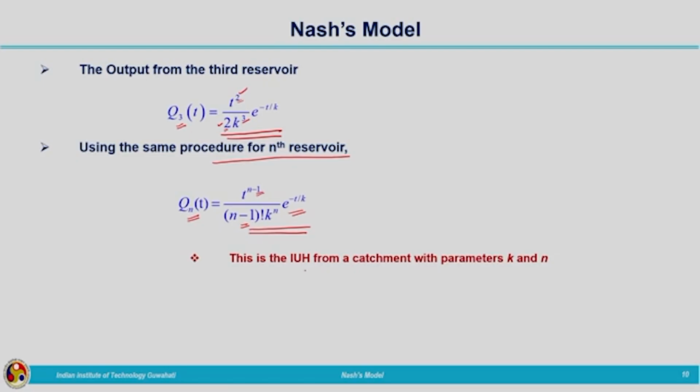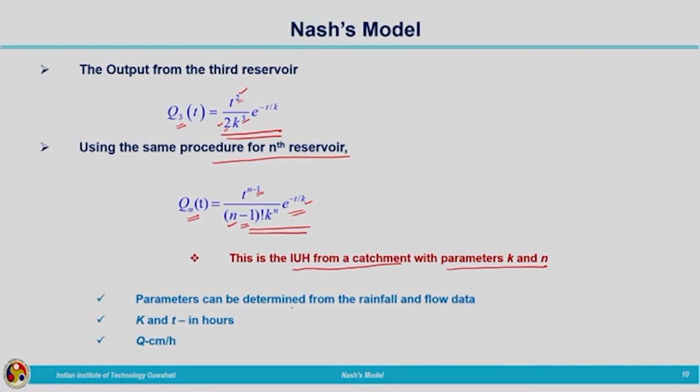So, this is the output from the nth reservoir. This is nothing but the instantaneous unit hydrograph from a catchment with parameters k and n. We have two parameters, n and k. K represents the storage coefficient or reservoir coefficient, and n is the number of reservoirs which we are considering. These two values will vary depending on the characteristics of the catchment.